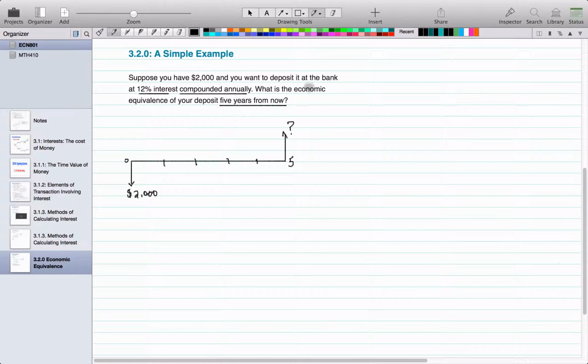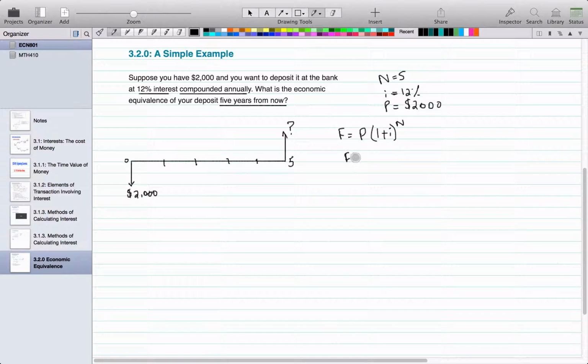5 years, right? Well, we can just use our compound interest formula, which is future value. We're trying to find out the future value at 5, right? We don't need to write the year 5. F is equal to P times (1 + i) to the power of N, the number of periods. The number of periods is equal to 5, so N is equal to 5. i is equal to 12%, and P is equal to $2,000.